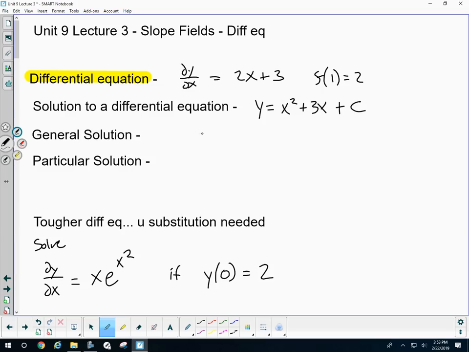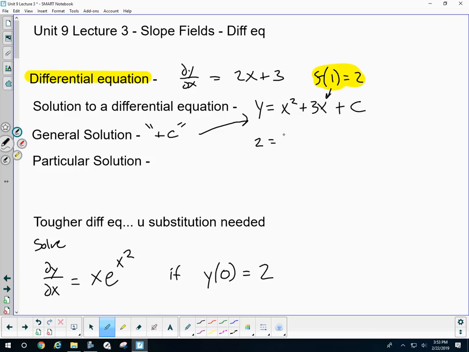Now, what we just came up with by taking the antiderivative of 2x plus 3 is what's called a general solution. A general solution has a plus c. But if you're given an initial condition, f of 1 is equal to 2, you can plug that point in to find c.